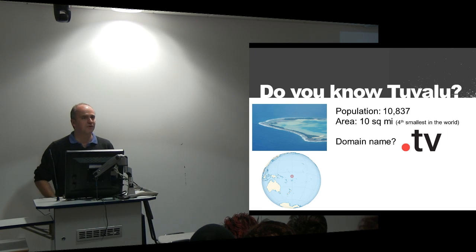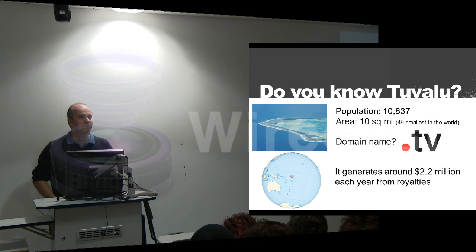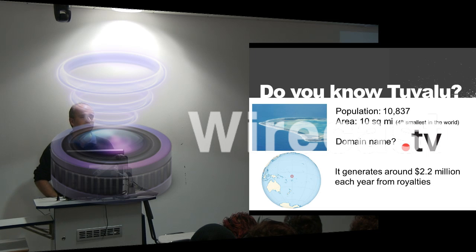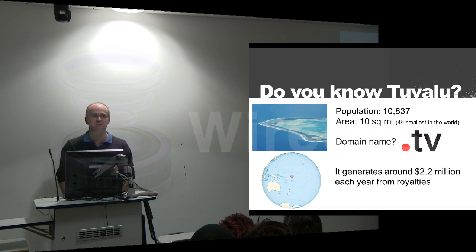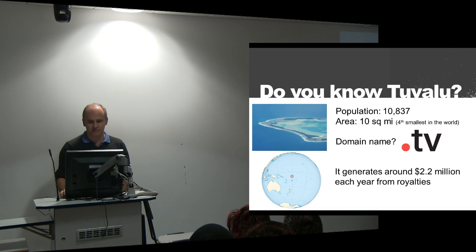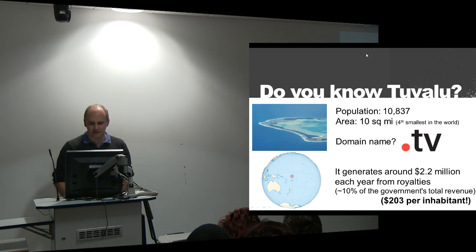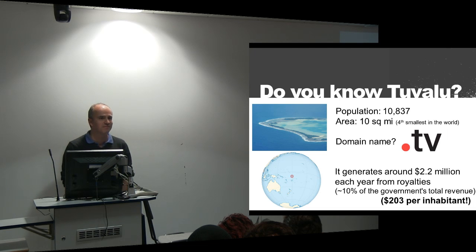So Tuvalu, very clever people, say, oh, you want to have your website on our domain name? No problem. So they are getting $2 million every year. Sounds like a good deal. It's 10% of what the government receives, and means that every single inhabitant receives $200.